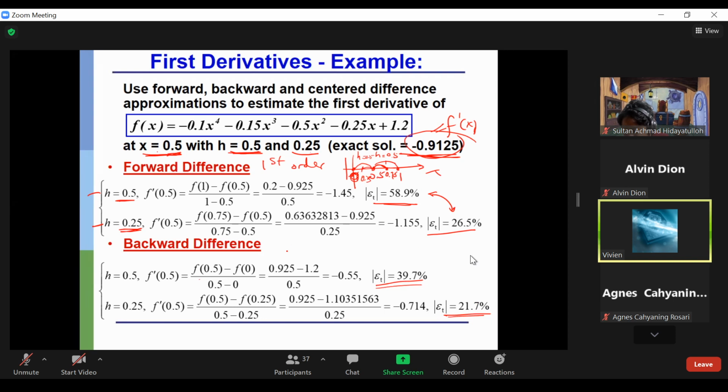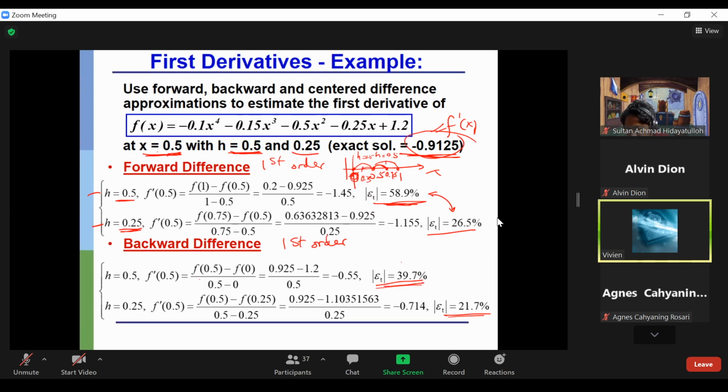So you see here that backward difference is also a first order scheme. All of these are first order schemes. Now comparing backward and forward, the same order of accuracy, but forward gives 59% error while backward gives 39.7%.